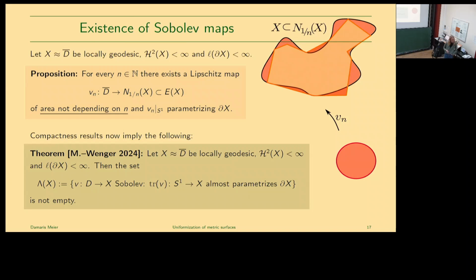Yes, we started with a constant speed parametrization of the boundary. How do you know a priori that the boundary is so nice? We know that the boundary has finite length, so you just use the classical rectifiability theorem on it, and then you just take a parametrization. Okay, constant speed parametrization.